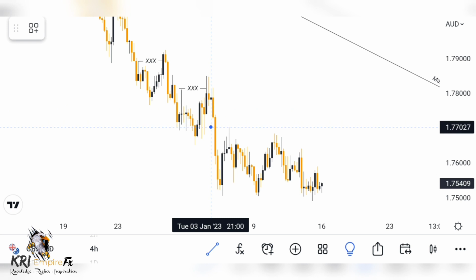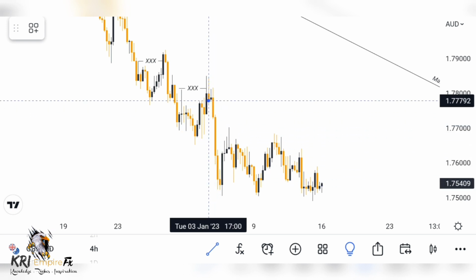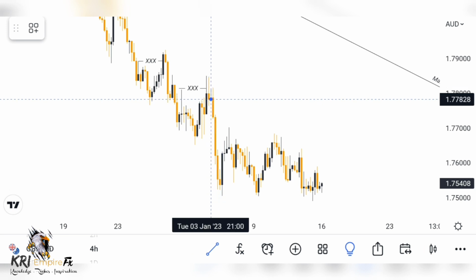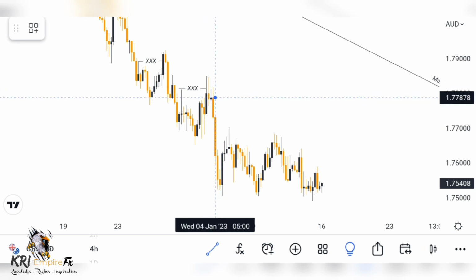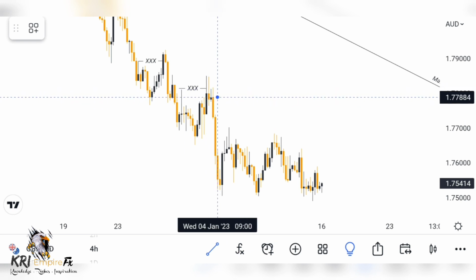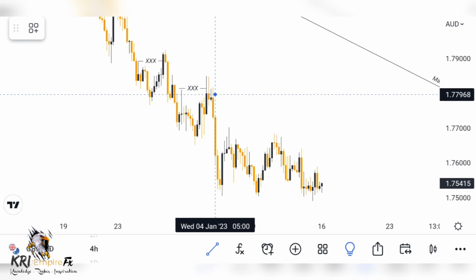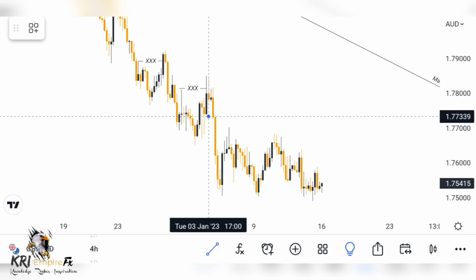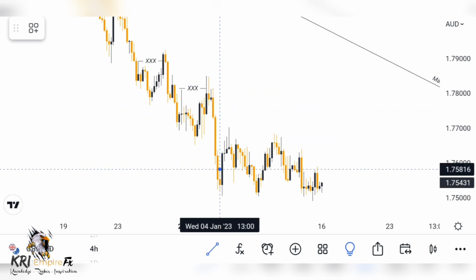So price really made a strong aggressive push, meaning that over here we had a lot of sell orders that were pressed around these places. This indicates really what we call those aggressive institutional moves.